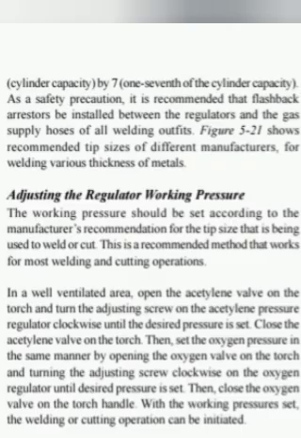Close the acetylene valve on the torch, then set the oxygen pressure in the same manner by opening the oxygen valve on the torch and turning the adjusting screw clockwise on the oxygen regulator until desired pressure is set. Then close the oxygen valve on the torch handle. With the working pressure set, the welding or cutting operation can be initiated.